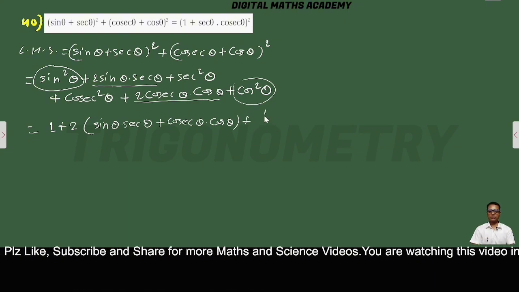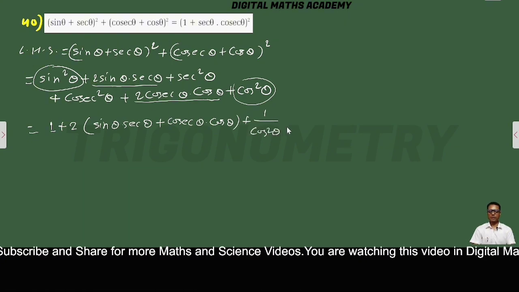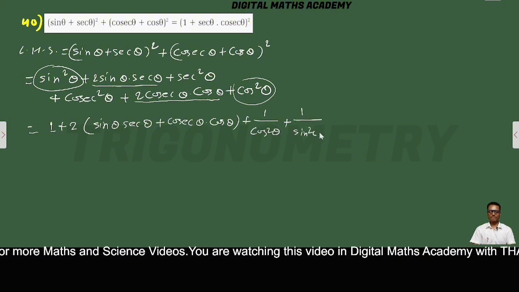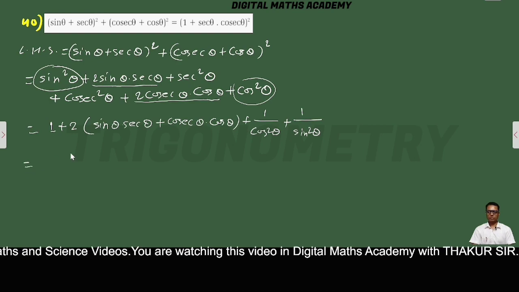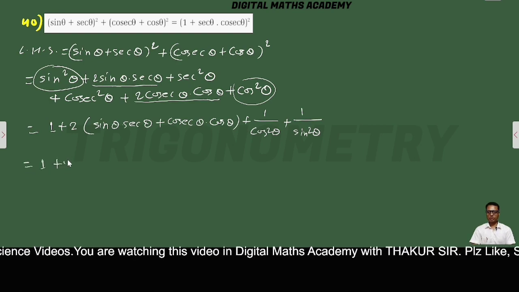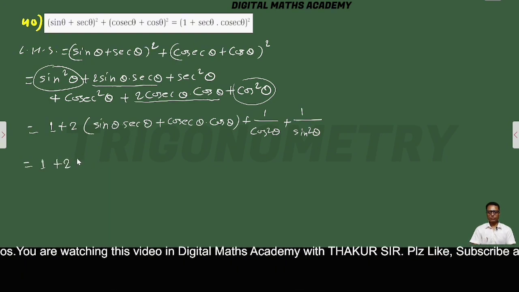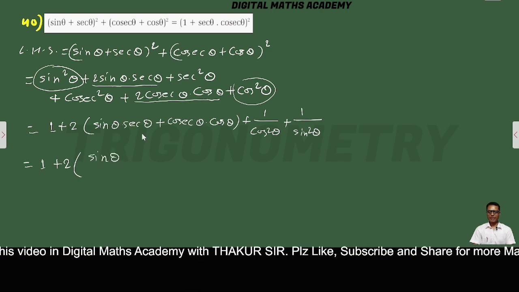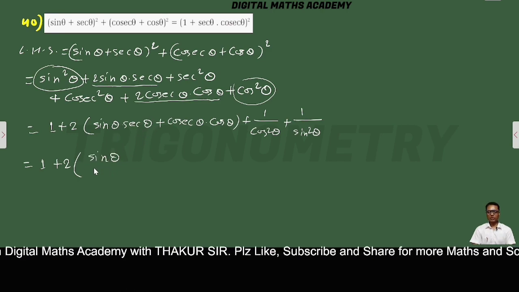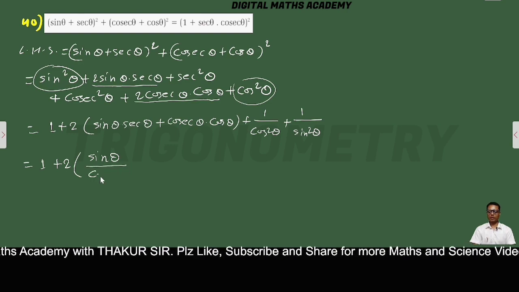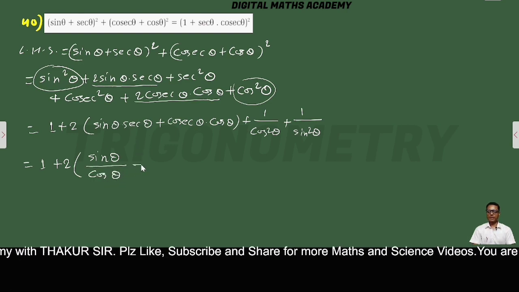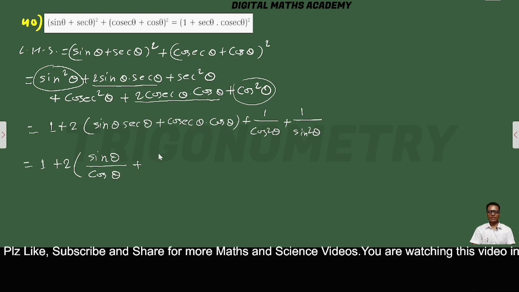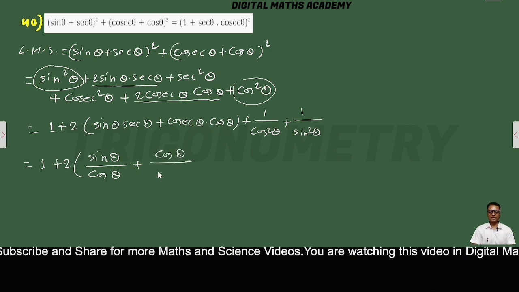So sec square means 1 by cos square and cosec square theta means 1 by sin square theta. Now we can write here 1 plus 2, and sin theta as sin theta and sec theta means 1 by cos theta, and plus here also cosec theta means 1 by sin theta, and here we have cos theta.